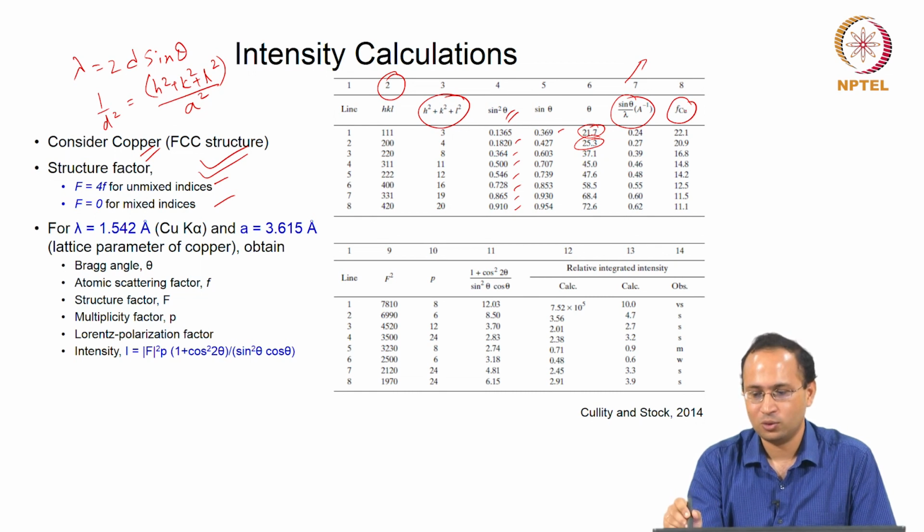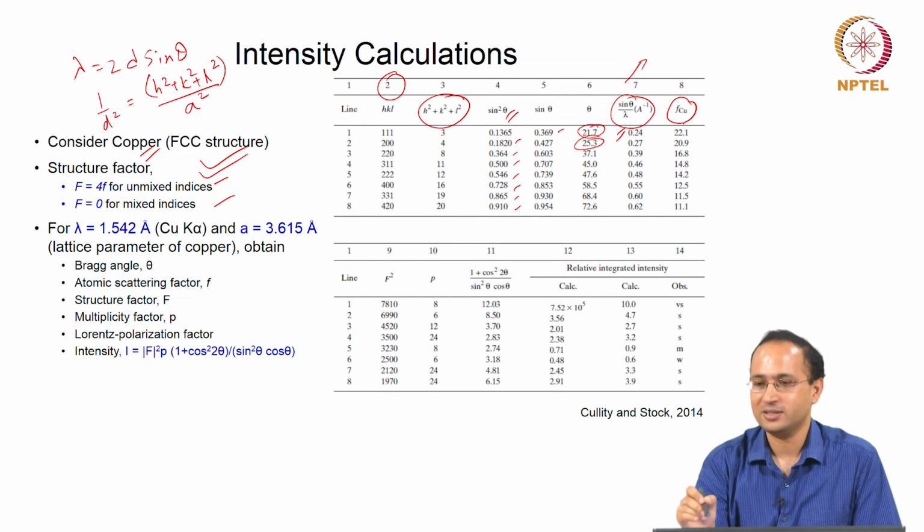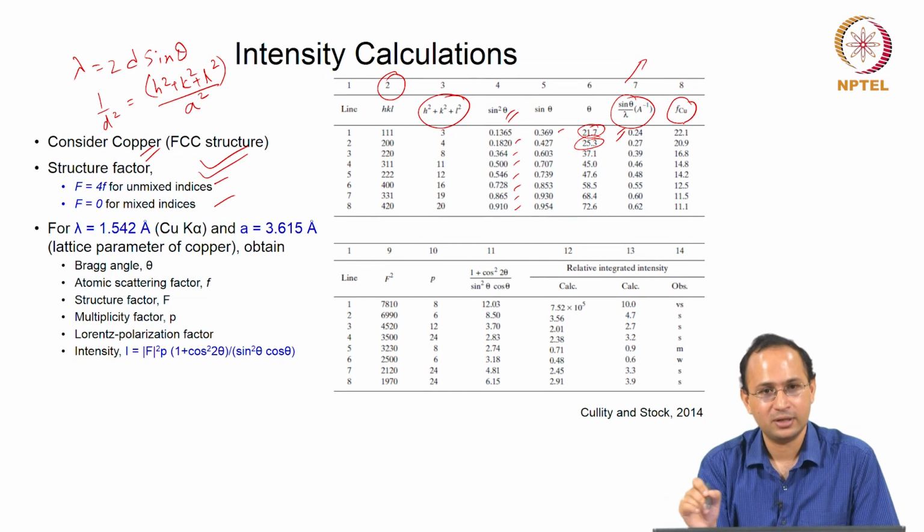So once you have this sin theta over lambda term, you can calculate the atomic scattering factor, small f for copper, because there is a dependence. There is a table, you can use a table to get this f for Cu given sin theta over lambda.